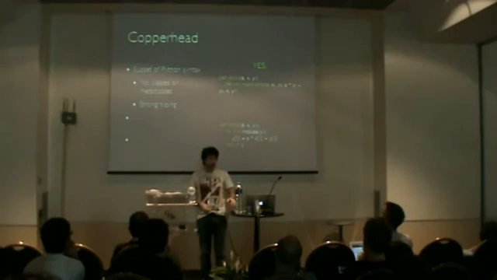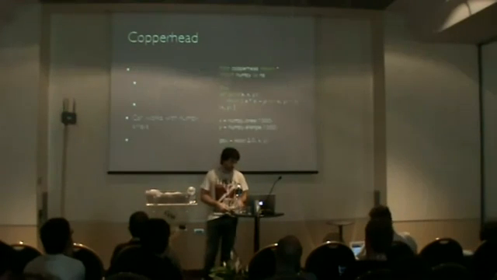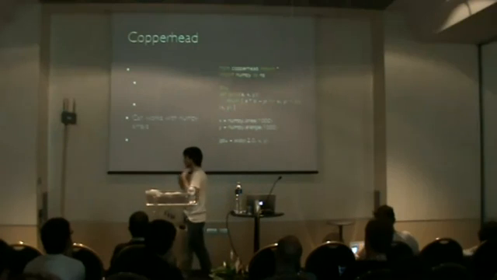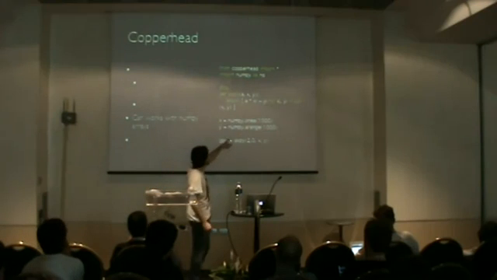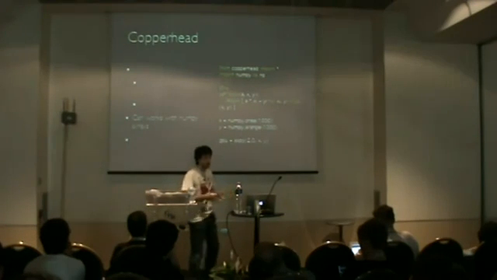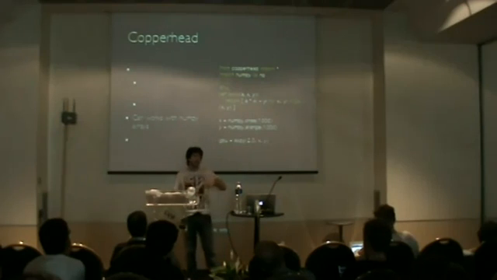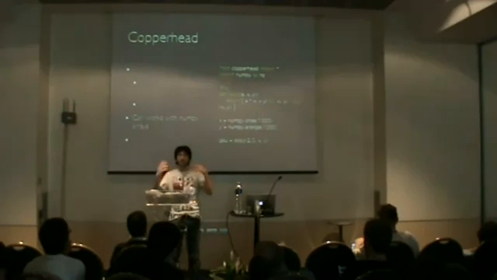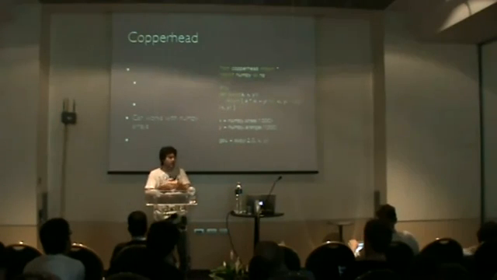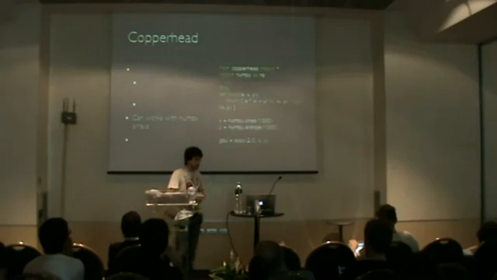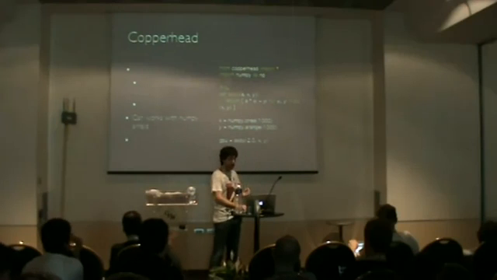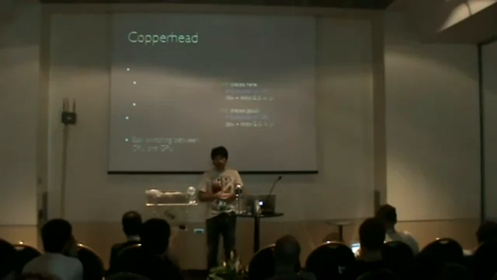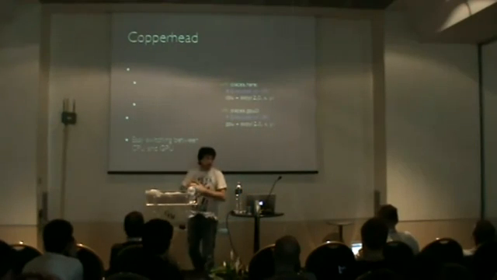It's tightly integrated with NumPy. So we can rewrite the previous example, just changing these lines using NumPy, and it works. If you want to use Copperhead, you don't need to modify or rewrite your programs to make it work with Copperhead. And it also offers easy switching between CPU and GPU with the construct with.